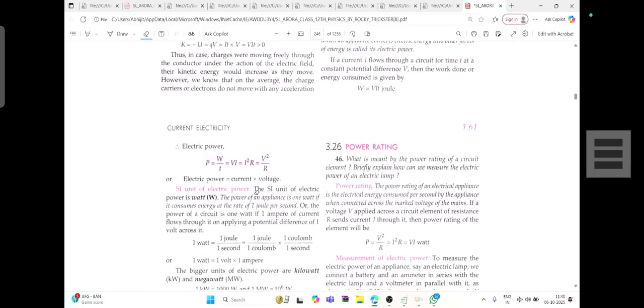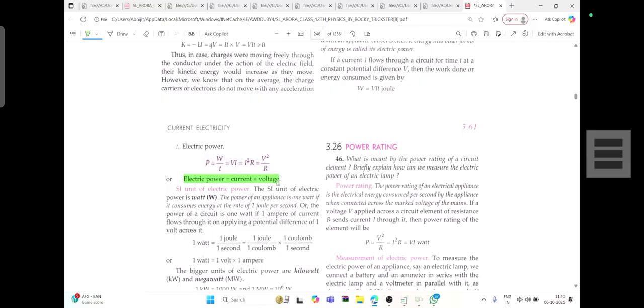I have already discussed about this electric power. Electric power is equals to current into voltage.